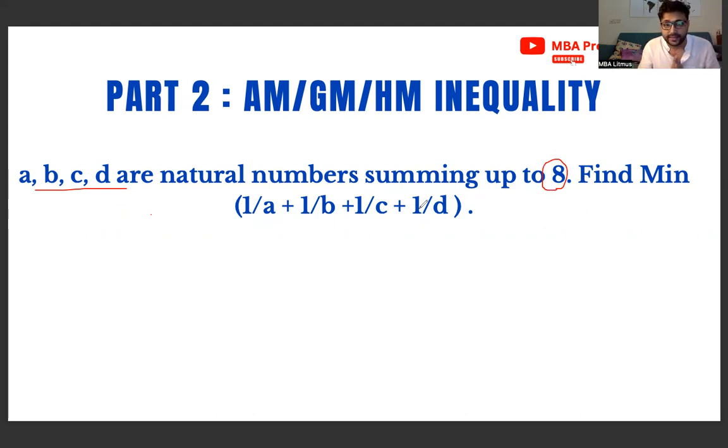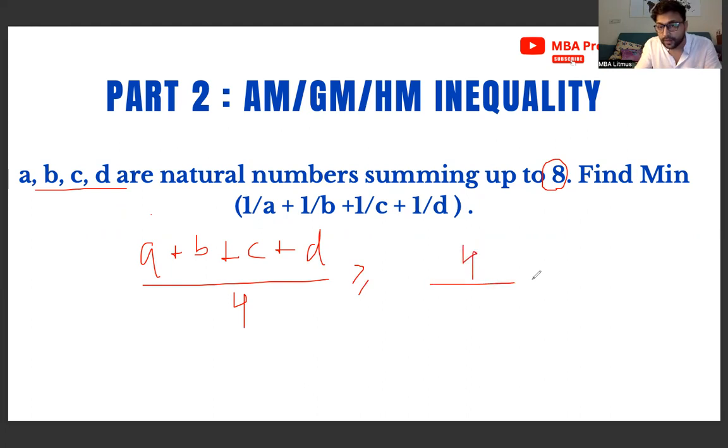Nice question, interesting. So look, A plus B plus C plus D, these are the 4 numbers, divided by 4 will be the arithmetic mean, which must be greater than or equal to the harmonic mean. For 4 numbers, it will become 4 upon 1 by A plus 1 by B plus 1 by C plus 1 by D.